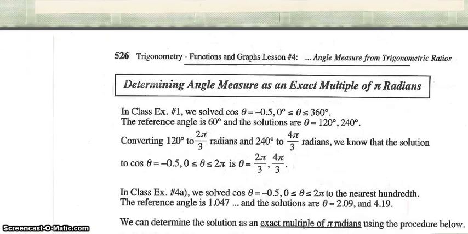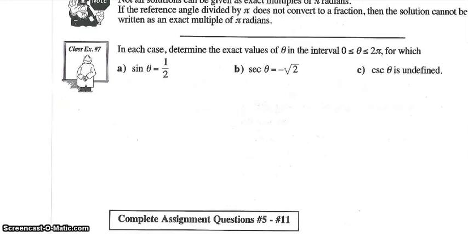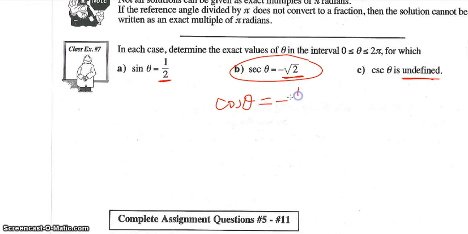Okay, so if you go more, it's just exact multiples of pi, which means exact value. So therefore, they must give you special angles. So these are all special ratios, right? Same idea. Okay, so let's try this. Secant is the reciprocal of cosine. And then if you swap this, it is this. Does it look familiar? Yes, it's the special ratio.